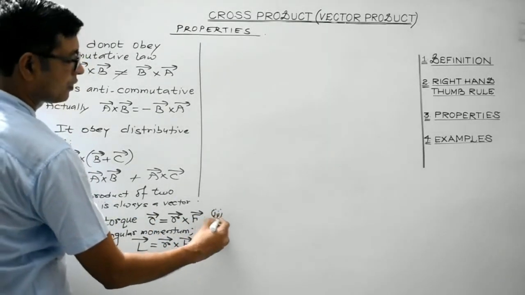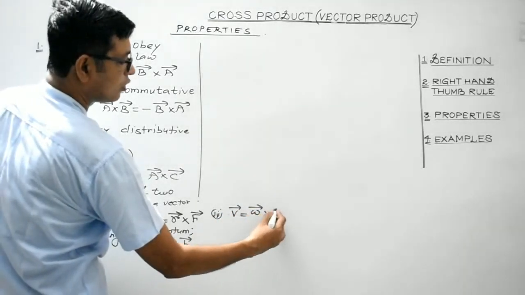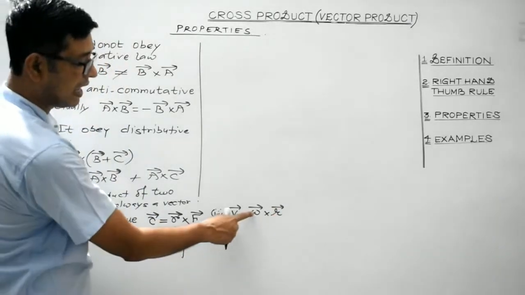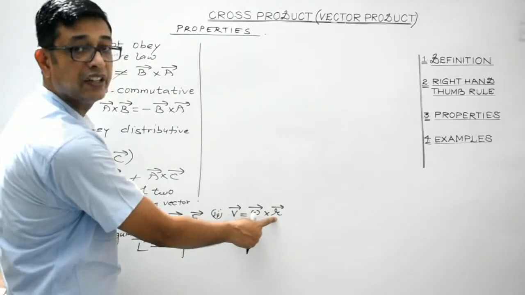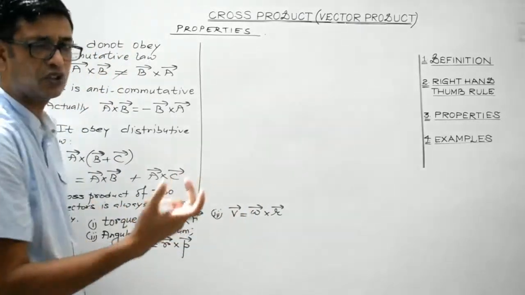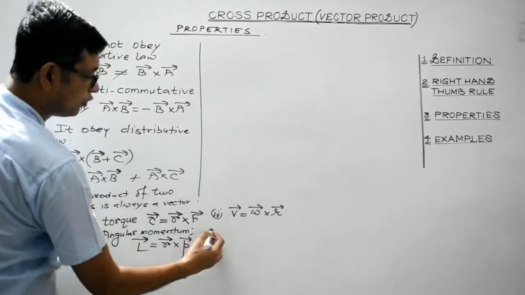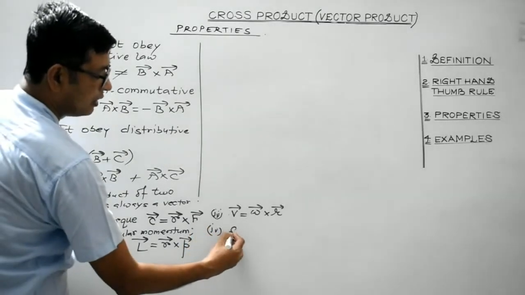Third, linear velocity. It's actually given by omega vector cross r vector. This is angular velocity. This is the radius vector. Both are vectors and their cross product is again a vector quantity. Velocity, as you are aware, is a vector quantity. Clear, students? Fourth example, acceleration.